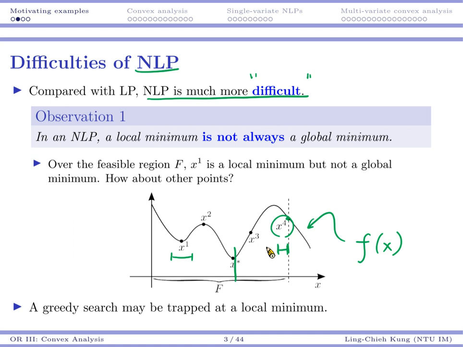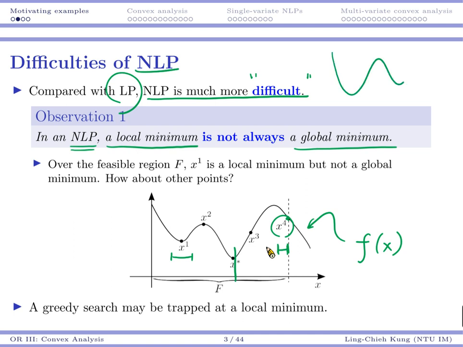Okay? If we are talking about linear programs, we know a local min is always a global min, something we mentioned in the past. But now for nonlinear programs, if we only find a local minimum, we have no way to tell whether it's a global minimum. Okay?